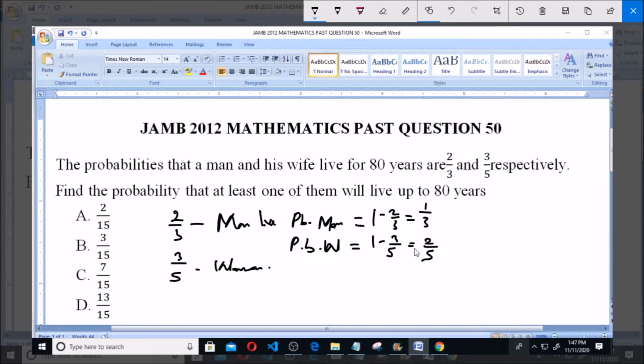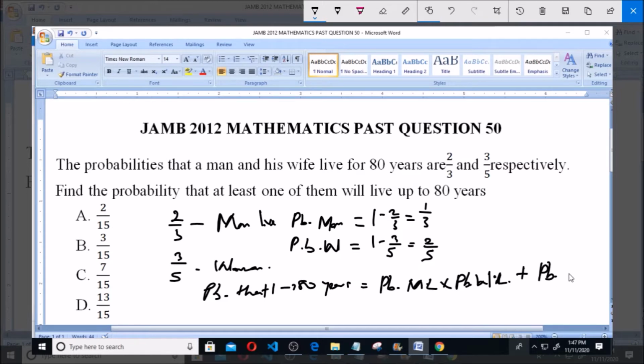Now, to find the probability that at least one of them will live for up to 80 years, the probability is equal to the probability that the man will live multiplied by the probability that the woman will live, plus the probability that the man will live multiplied by the probability that the woman will not live, plus the probability that the man will not live multiplied by the probability that the woman will live.